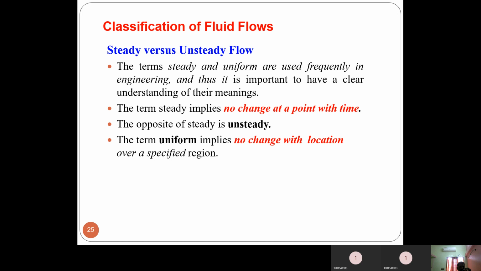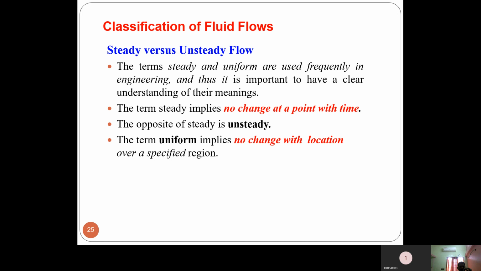Understand? That means, for example, irrespective of the time changes, if the fluid is flowing with a constant speed, then that is called a steady flow. Okay, if any changes take place with change in time, then that flow is called unsteady flow.